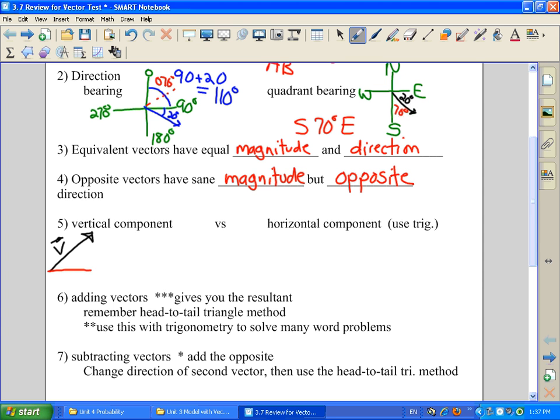So if I draw a 90-degree triangle to form it with it, my horizontal part is going to be my x vector, which is going to deal with the horizontal component, whereas my vertical is going to deal with the y.